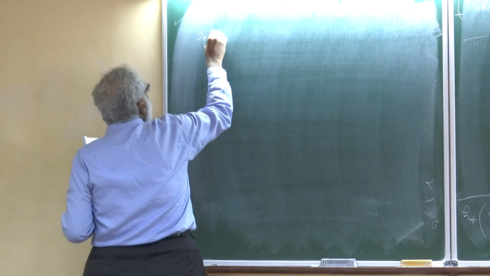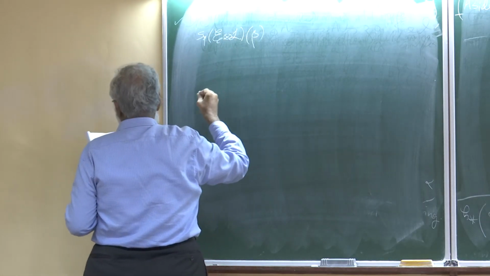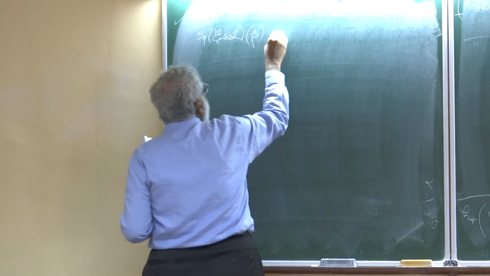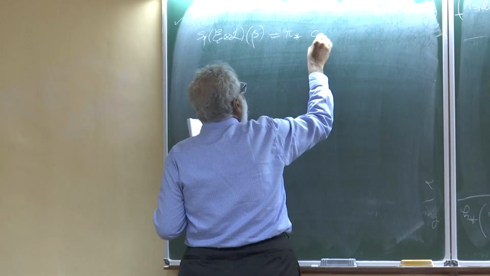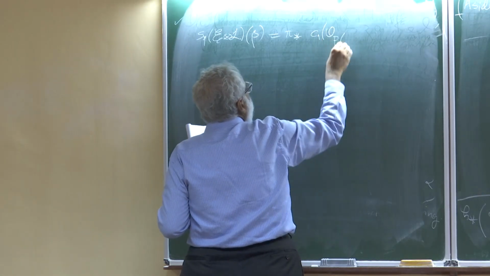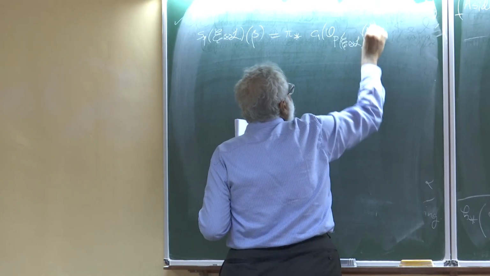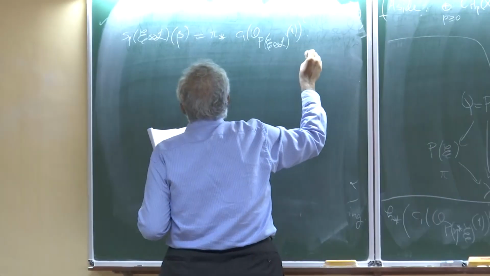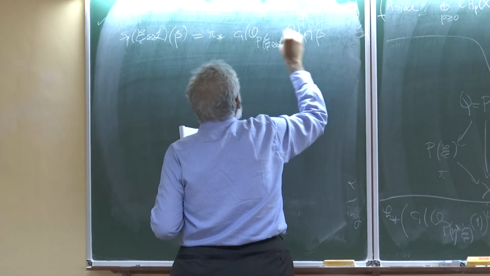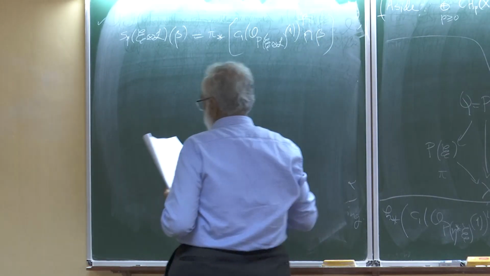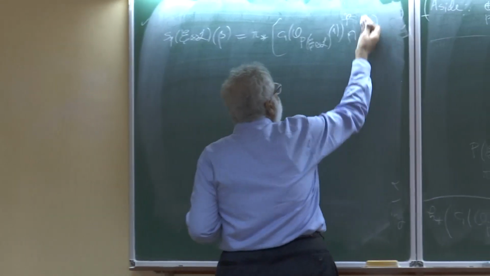Well, S_p of E tensor L of some class beta is pi lower star of c1 of O_{P(E tensor L)}(1) to the i, to the p cap pi upper star beta.